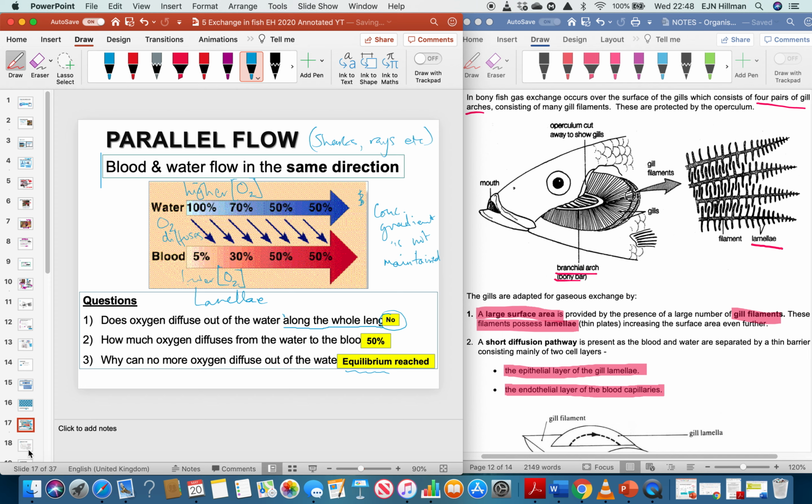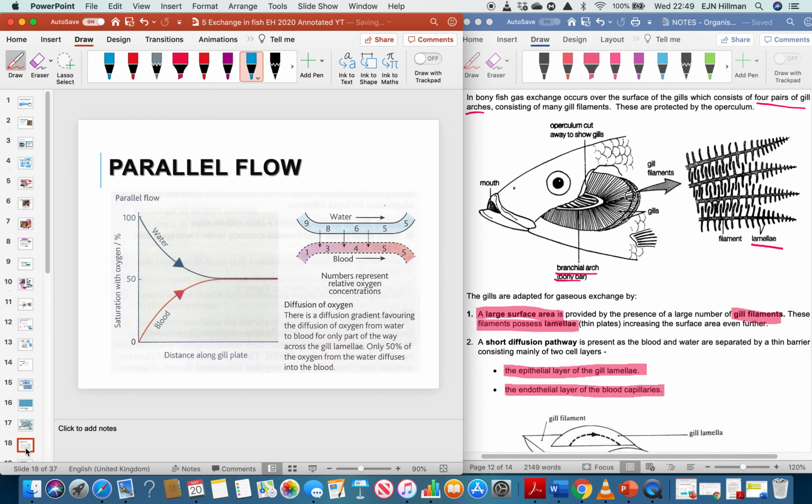Okay, so that's parallel flow, present in sharks and rays, etc. This is another way of demonstrating that. On a graph, distance along the gill plate. Gill plate is the lamellae.